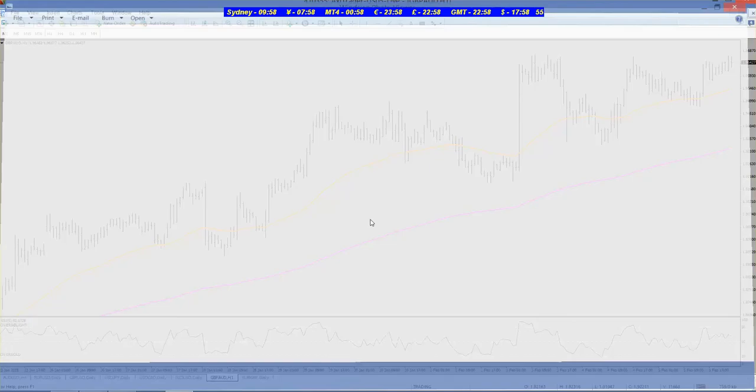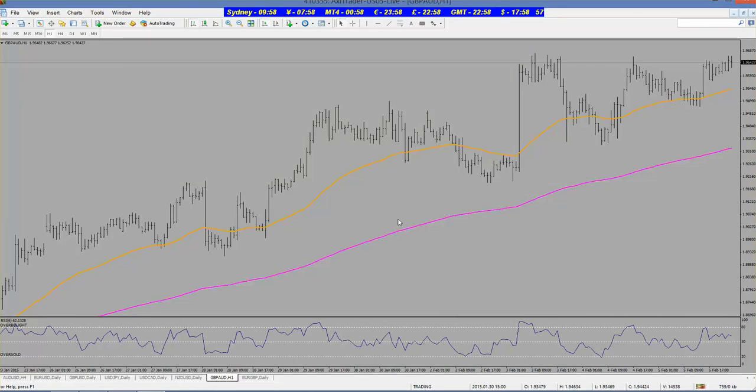Talking to a mate the other day, he said he's had a reasonable month. He did okay on the Aussie interest rate announcement. But he made the point that he spends 75% of his time sitting on his hands. This guy makes a fortune, but he spends 75% of his time sitting on his hands. Patience is the virtue, right?